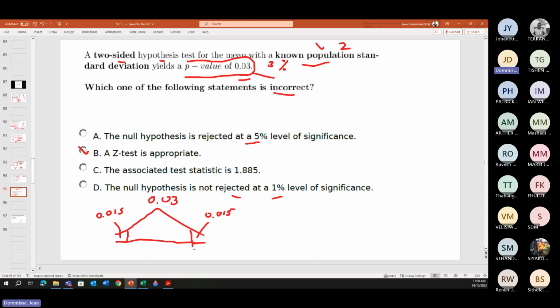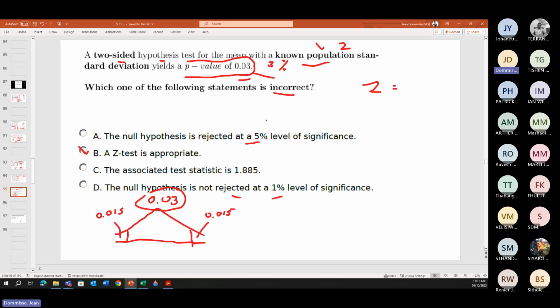If they told us that my Z is a certain value, we would have gone to the Z table and gotten a p-value for this side, and then we would have multiplied it to get the total p-value. Okay, so that is, Ravesh, why you wanted to multiply, but they actually give us already what the total p-value is. So definitely this is where I wanted to catch you out.